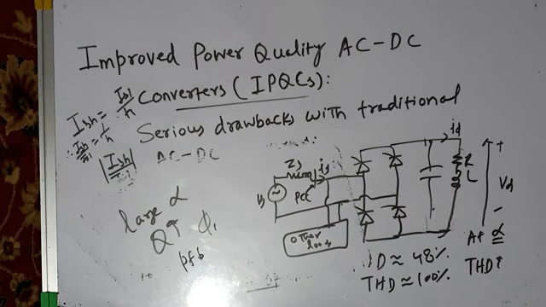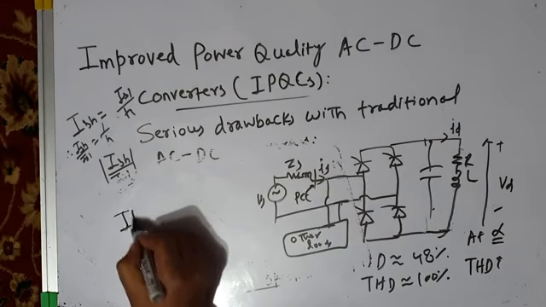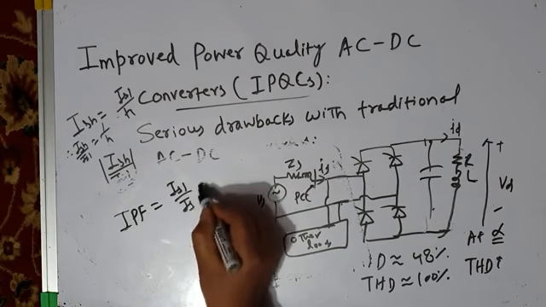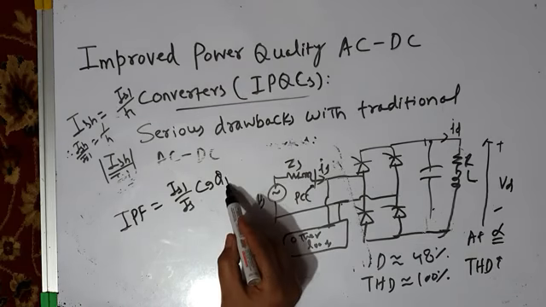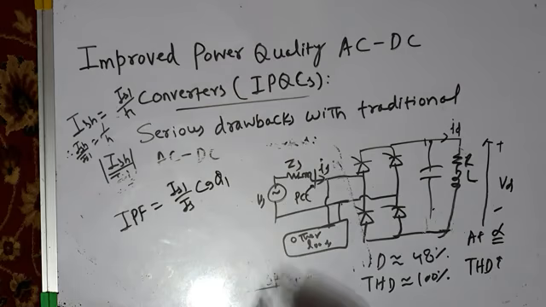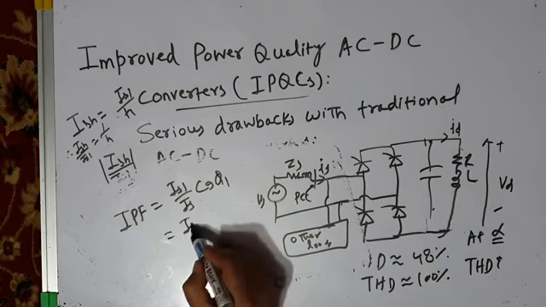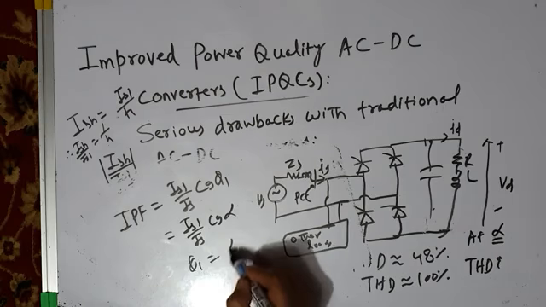So, remember the input power factor on the AC side of this converter is given by this formula: IS1 by IS into cos phi 1, where phi 1 is the phase angle between the fundamental component of source current and the source voltage. And for a full converter, phase controlled converter, it is IS1 by IS cos alpha, because phi 1 is equal to alpha.